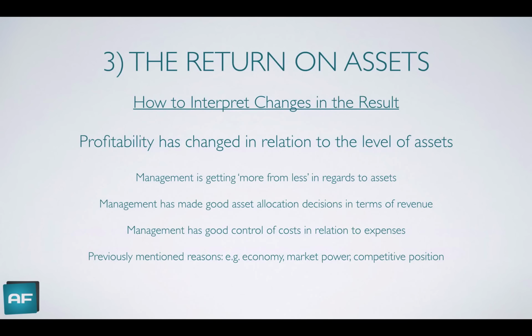In other words, management has made good asset allocation decisions in terms of revenue, and it's generating more revenue for a specific level of assets. Or it could mean that management has good cost control in relation to expenses. So it's earning the same revenue with the same level of assets, but expenses are decreasing, and that will increase profitability in relation to the level of assets. And once again, this is a profitability measure.